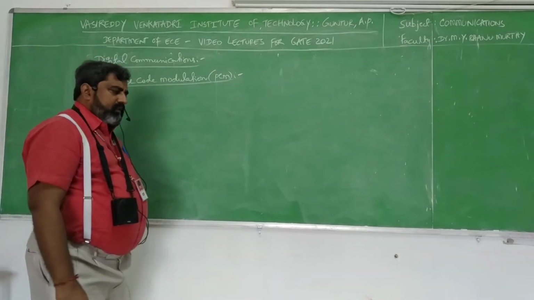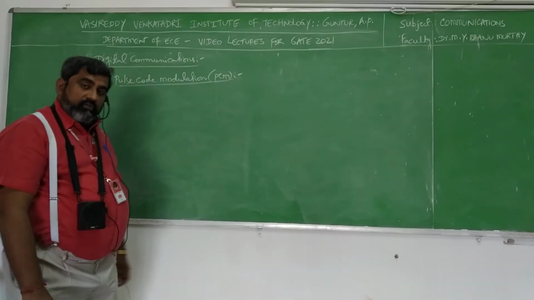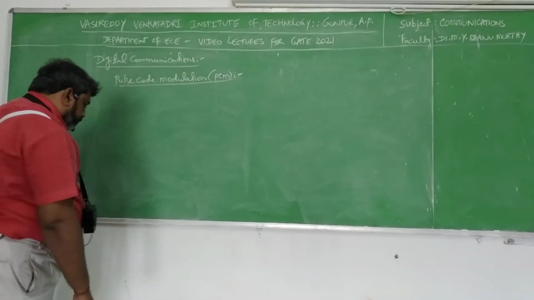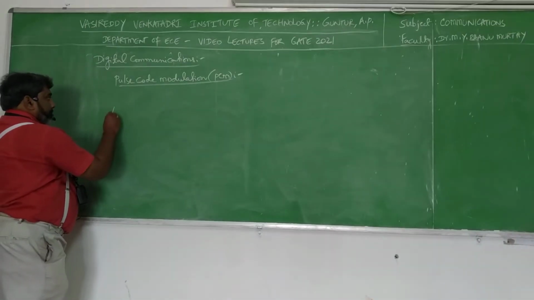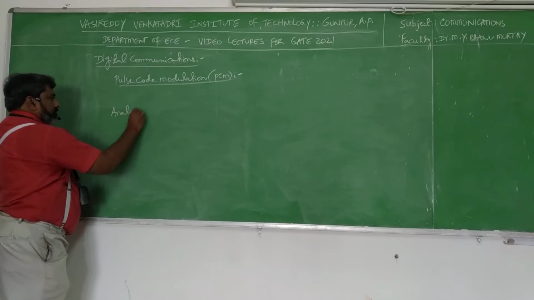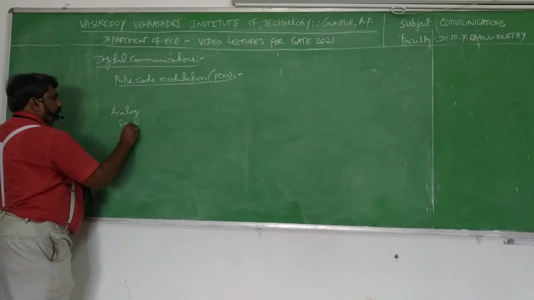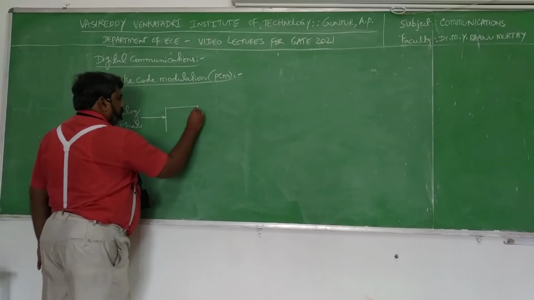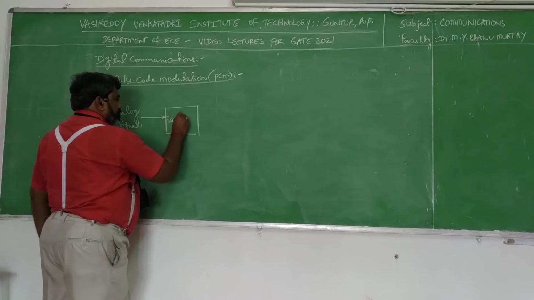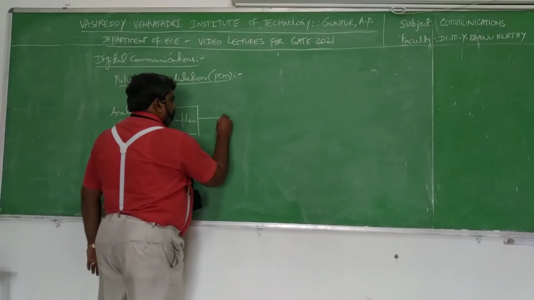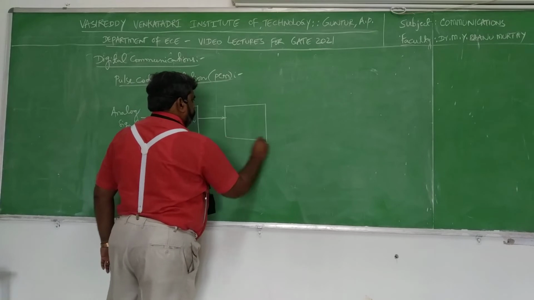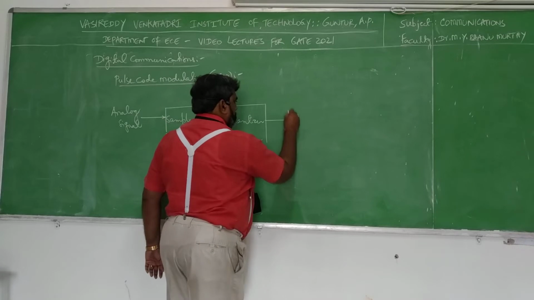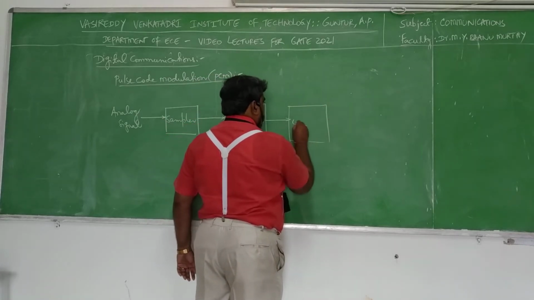So how is this accomplished? That is what we are going to see with a simple block diagram. Let me draw that. The analog signal is first given to a block called the sampler, followed by a quantizer and an encoder.